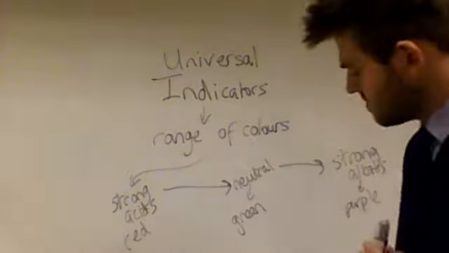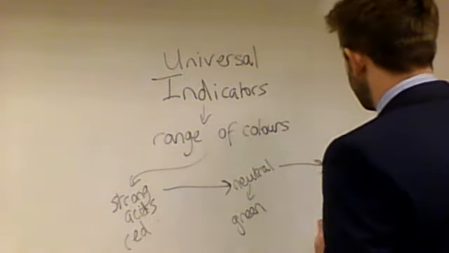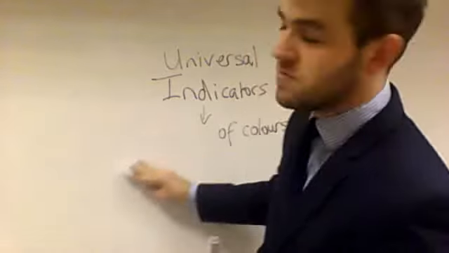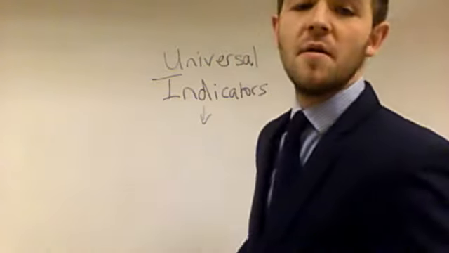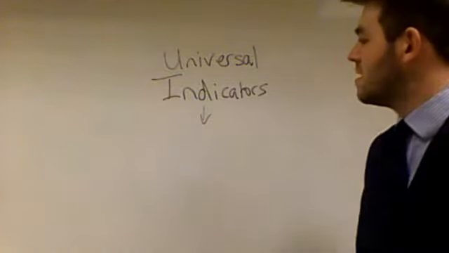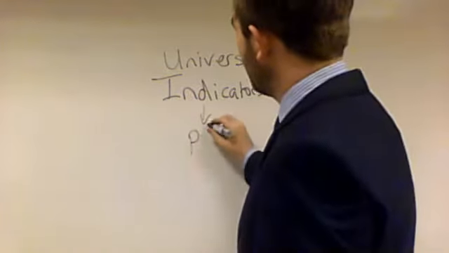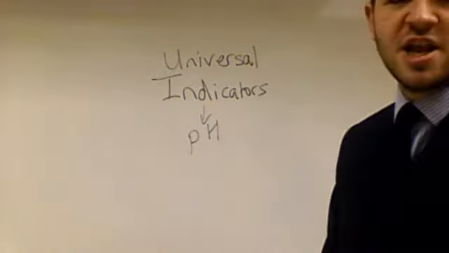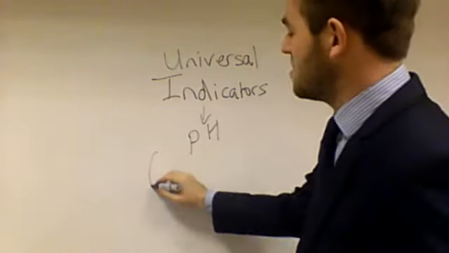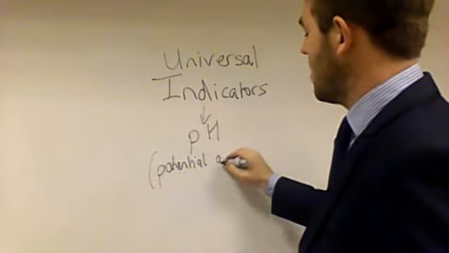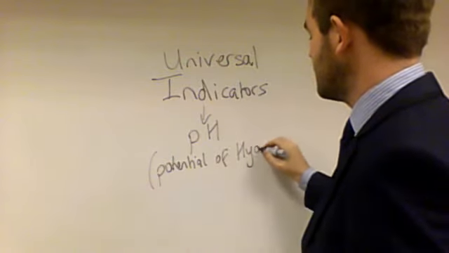But also, I can actually look in even more detail and put some numbers to how strong my acid or alkali is too. I can use something called pH. Small p, big H. It actually means potential of hydrogen.